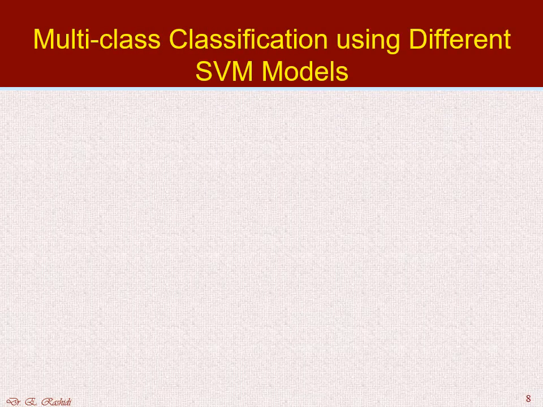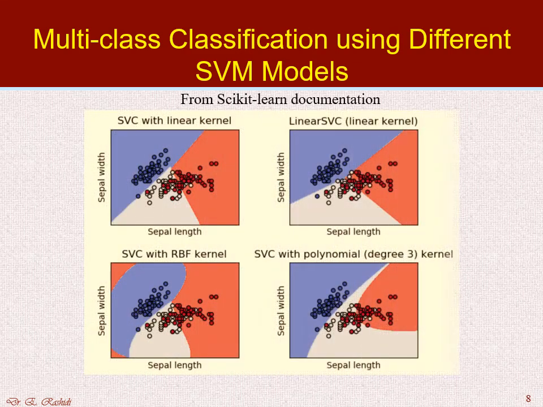Multi-class classification using different SVM models. Here you see an example from the Scikit-Learn documentation library. You can access that online. Here we are working with the iris dataset, the same dataset, with 3 different classes and 4 feature variables. But because we want to visualize it in 2 dimensions, we only have the sepal length and the sepal width.